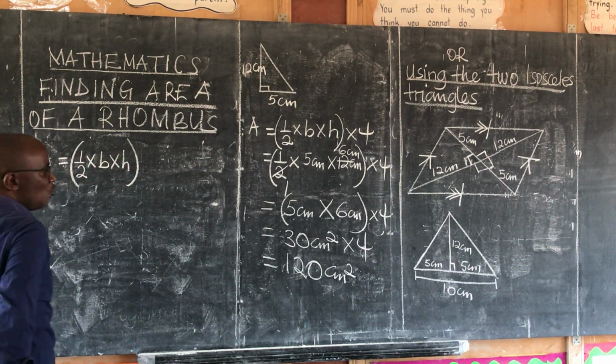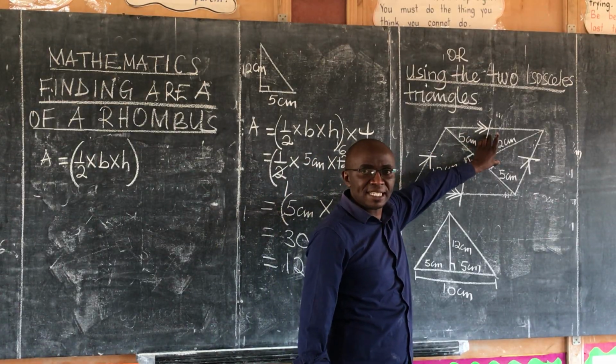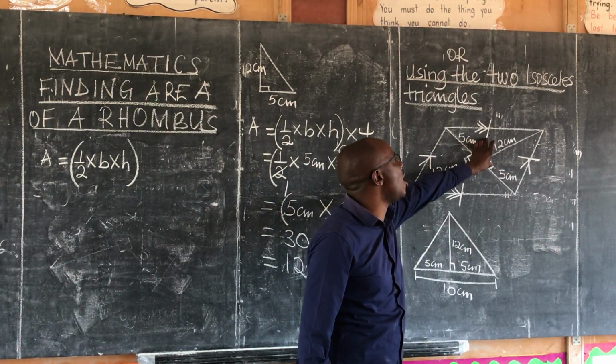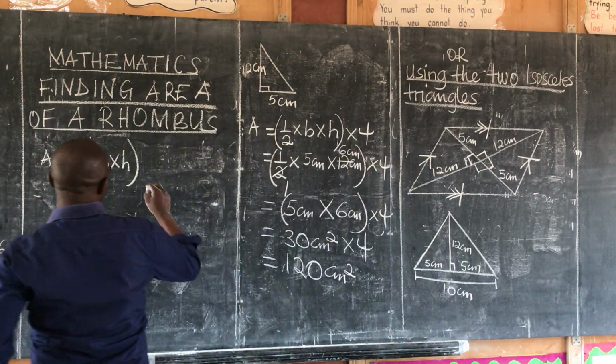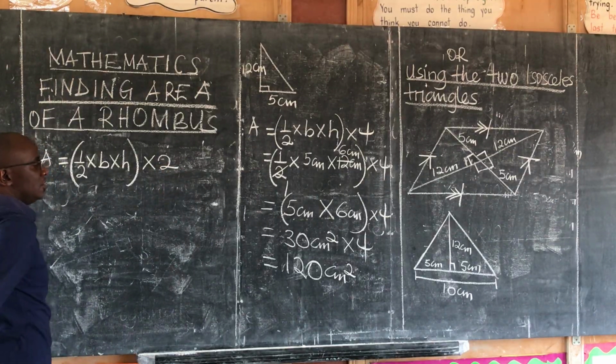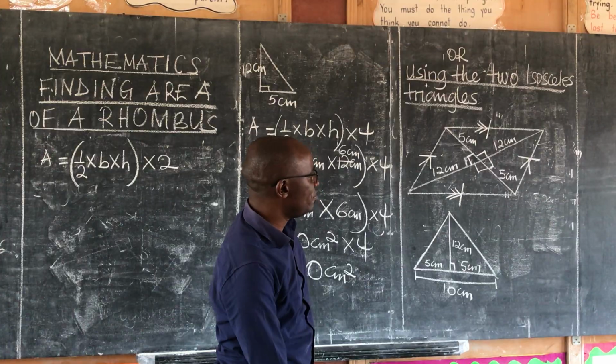You get the area of one isosceles triangle. But since two isosceles triangles make up the rhombus, you multiply by 2. 2 represents the number of isosceles triangles that make a rhombus.